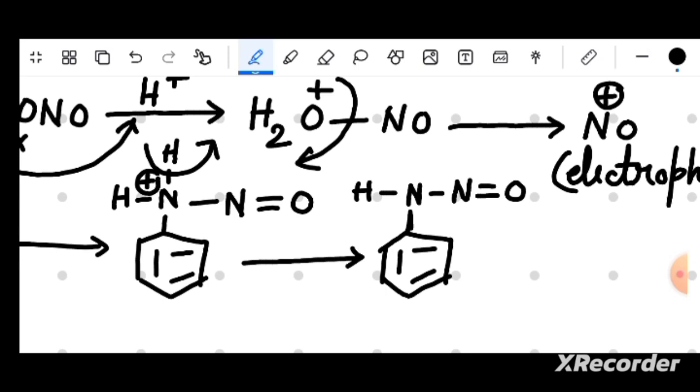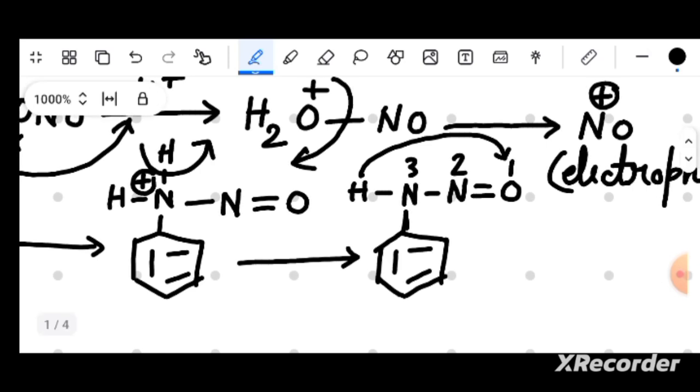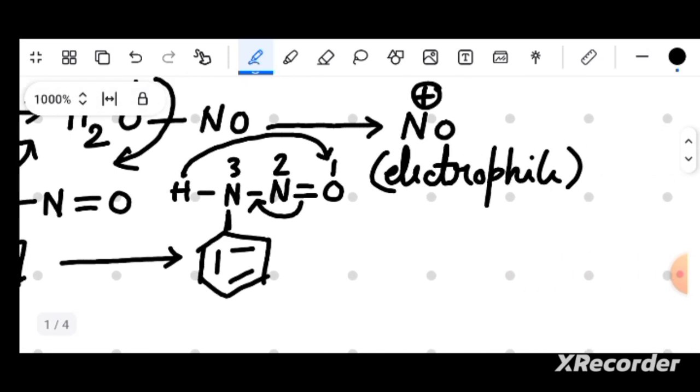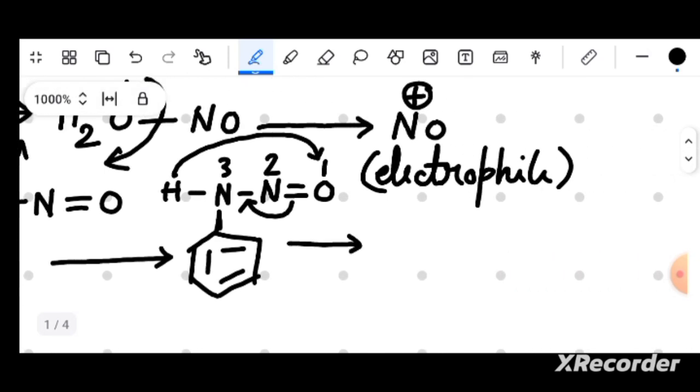How will tautomerization take place? Hydrogen, this is first position, this is second, this is third. So hydrogen will be given from third to 1, and this double bond will be given to here. So tautomerization will take place.